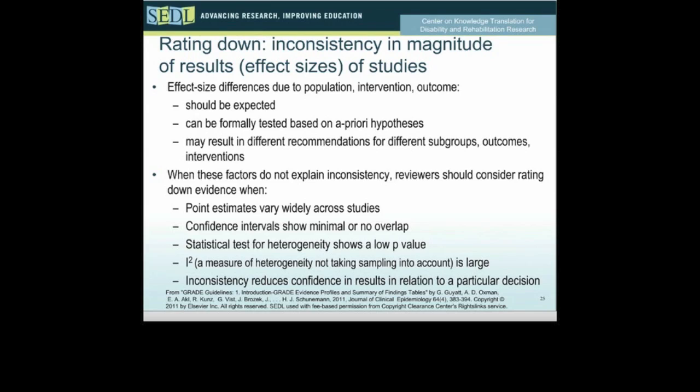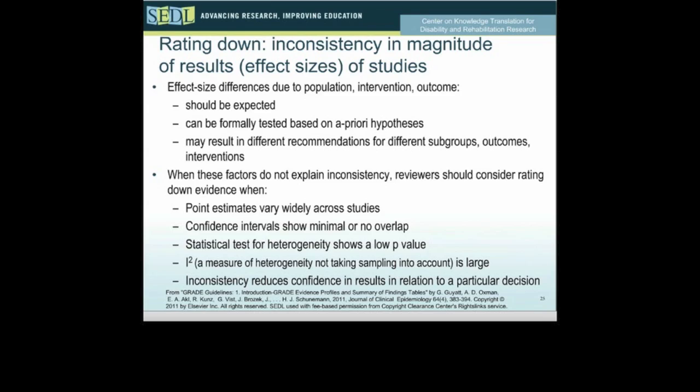So GRADE essentially says effect sizes due to population, intervention, and outcome should be expected, can be formally tested based on an a priori hypothesis, and may result in different recommendations for different subgroups, for different outcomes, for different interventions.